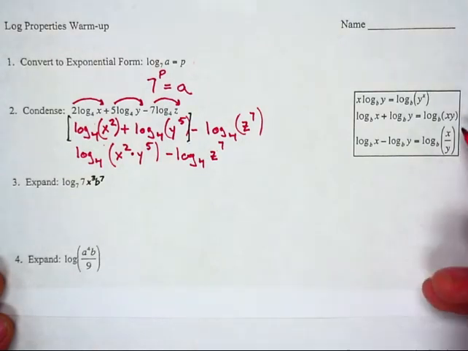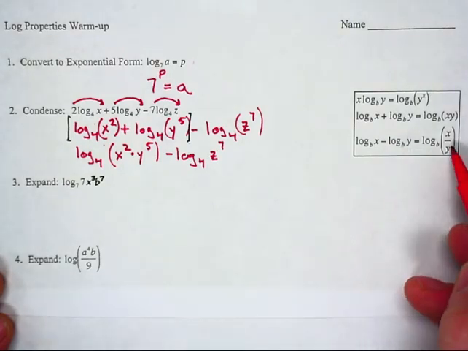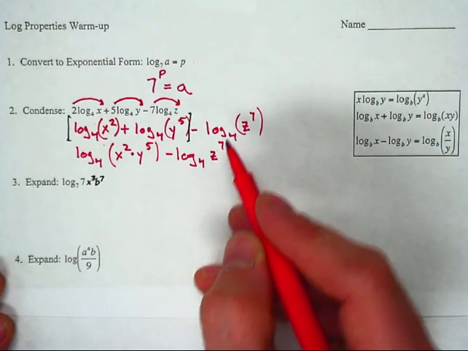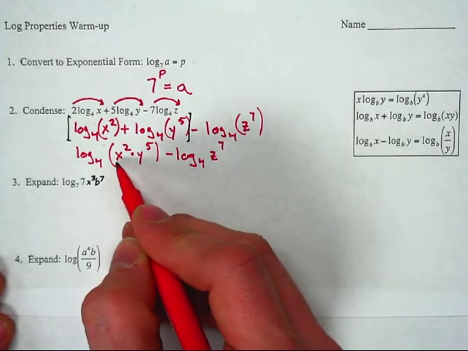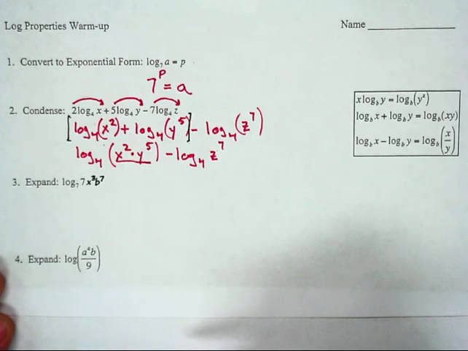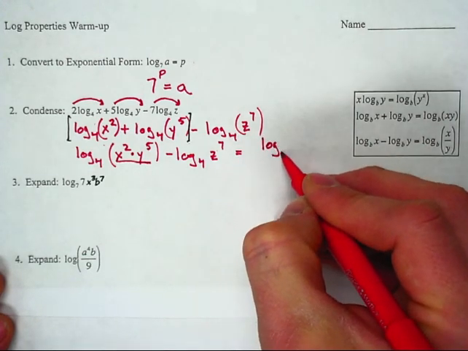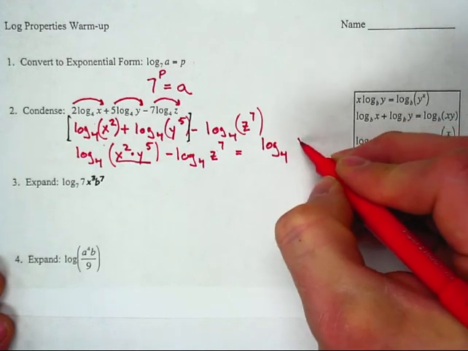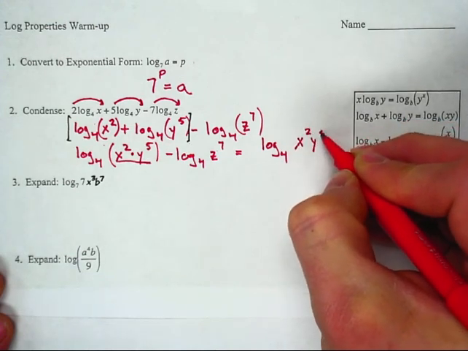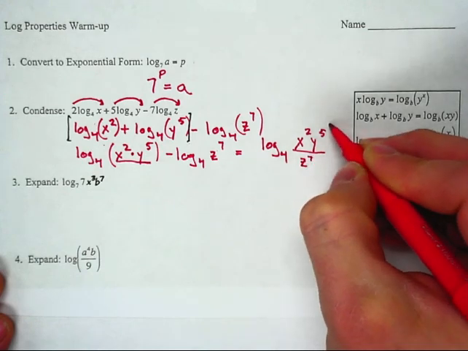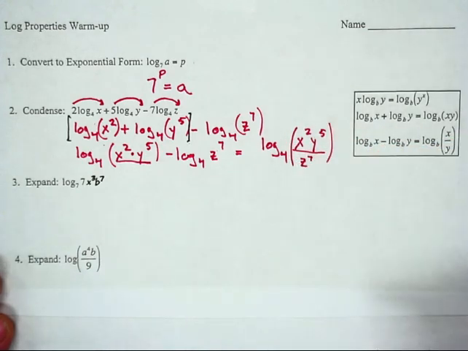And now you can apply your subtraction property, which means you divide the insides. So this z to the 7th is going to divide all of this in this logarithm. So this turns into the final logarithm base 4 of x squared y to the 5th all over z to the 7th. And that is all the inside of your logarithm.